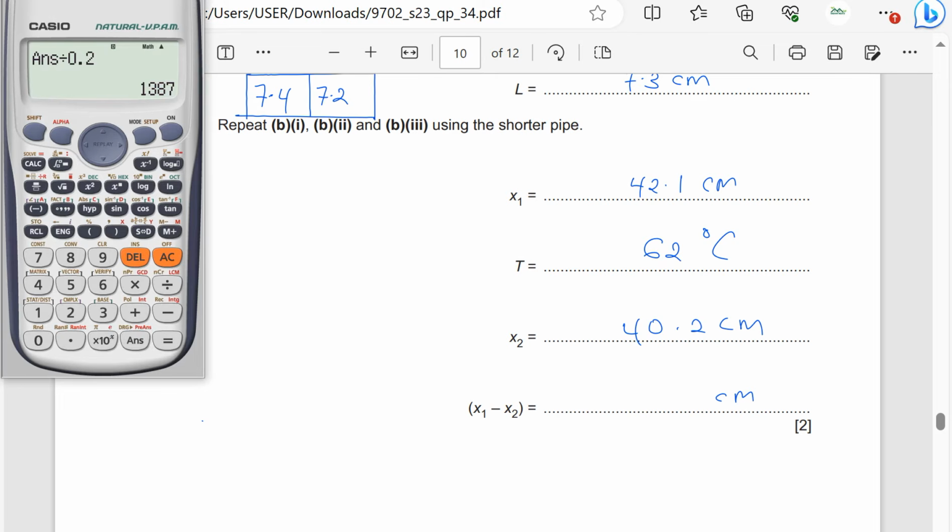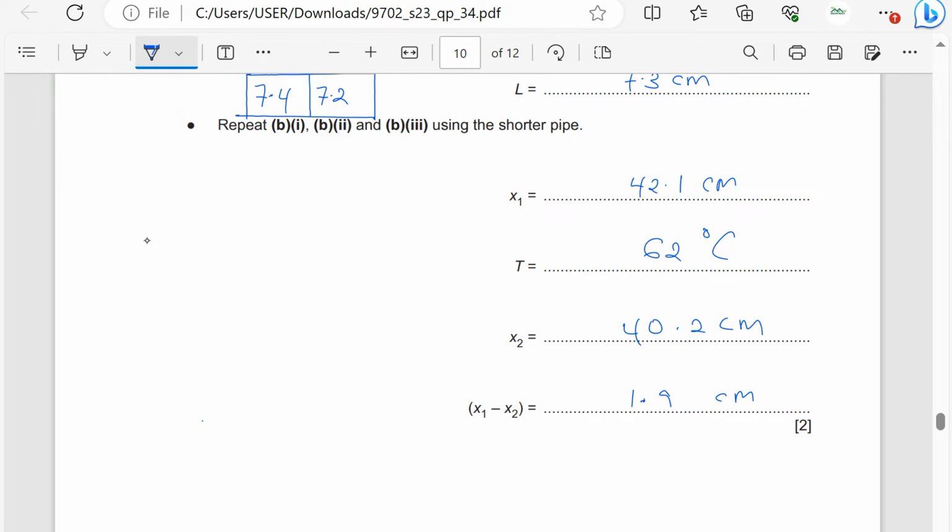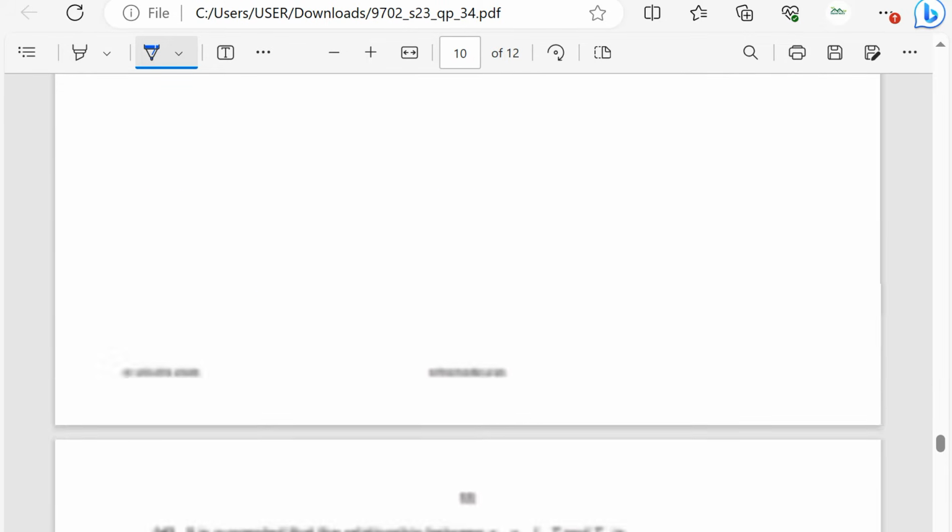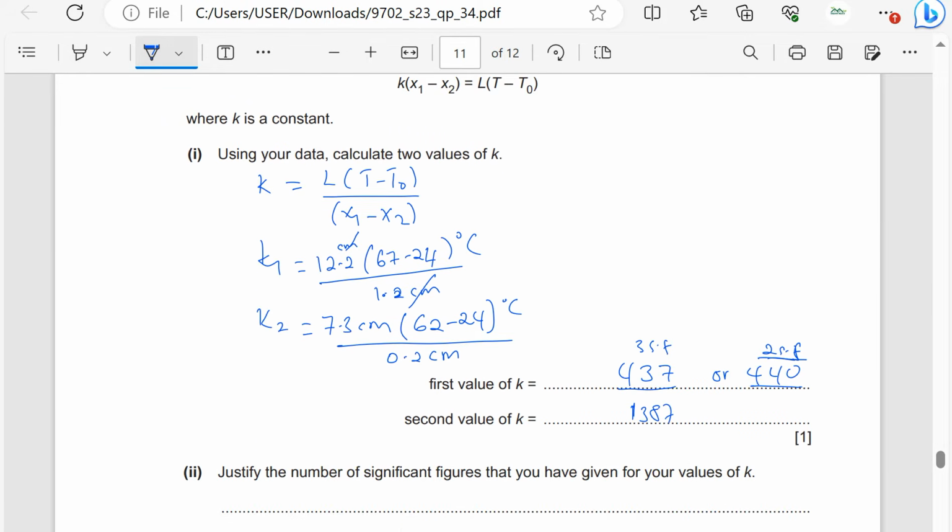So this student's difference in x1 minus x2 is going to be 42.1 minus 40.2. You don't need to worry about the value you get, because the examiner will be much more interested in the method rather than the answer. But of course, getting a percentage difference above 100 would not be nice at all. So this student here has 1.9.